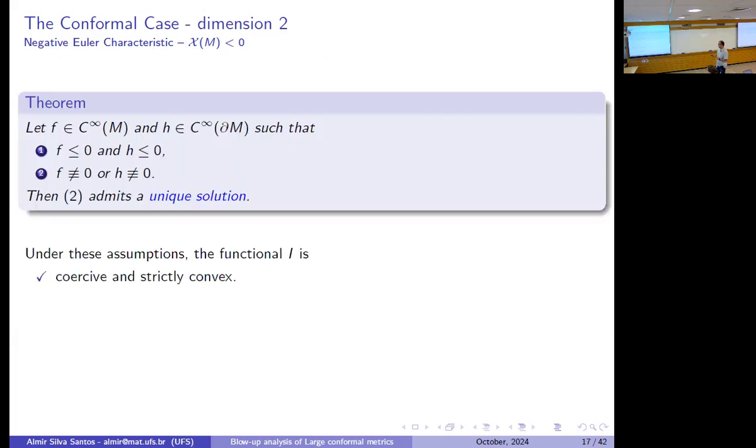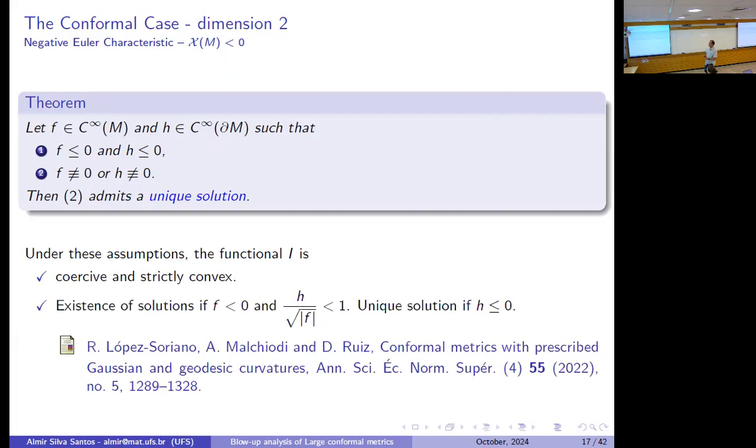This is because with this condition, the functional is coercive and strictly convex. Also, in this paper, they deal with the case when f is negative and this quotient is less than 1. They prove that in this case you also have a solution, and when the function h is less than or equal to 0, you have uniqueness of the solution.